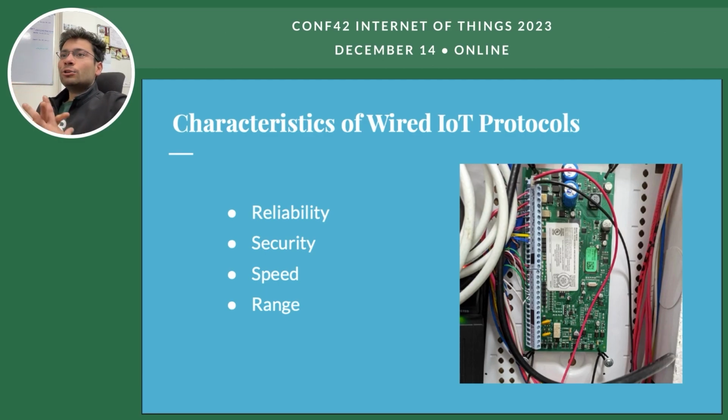One advantage of wired IoT protocols is they are much more reliable, because we know a clear path for the signal to transfer from point A to point B, and that path is through the wires. So there is very little chance that some kind of interference or intrusion will occur. And it offers better security because everything is enclosed in a physical space, and no one from outside can read those things.